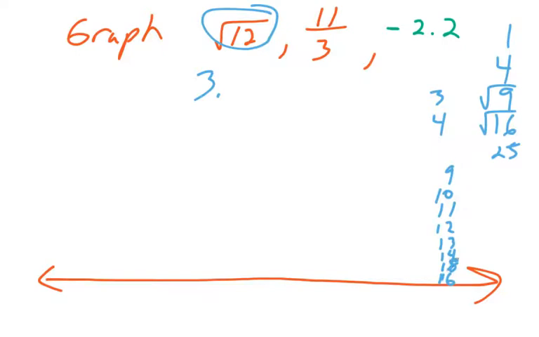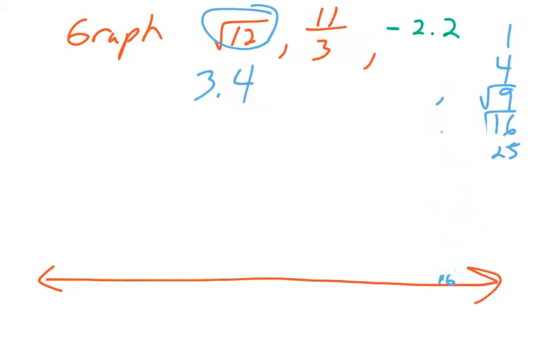So each integer jumps up a little bit in terms of the decimal. So 12 is kind of in the middle of 9 and 16, maybe a little bit closer to 9. So you might say like 3.4. That would be a good estimate for the square root of 12. Now again, if you're within 3/10 of the answer for estimating square roots, we'll give you full credit for that.